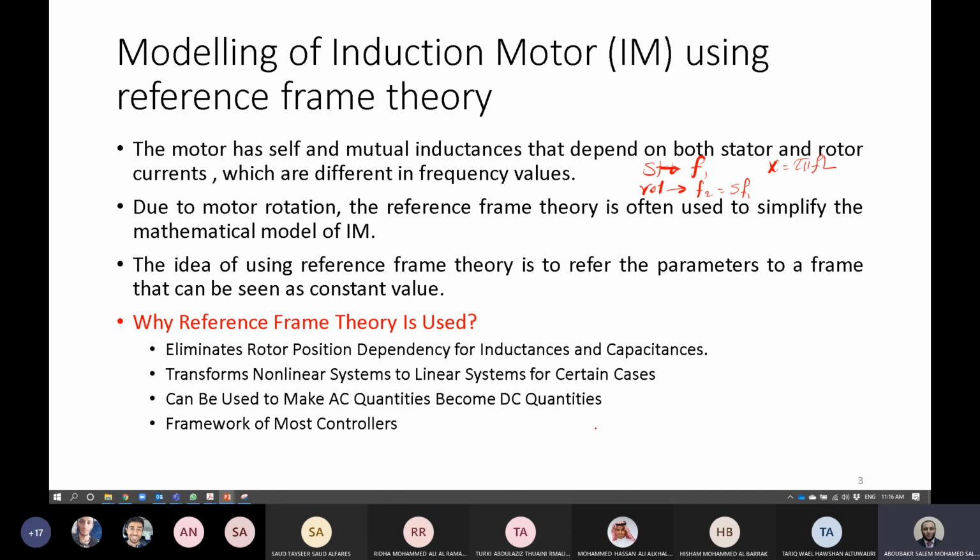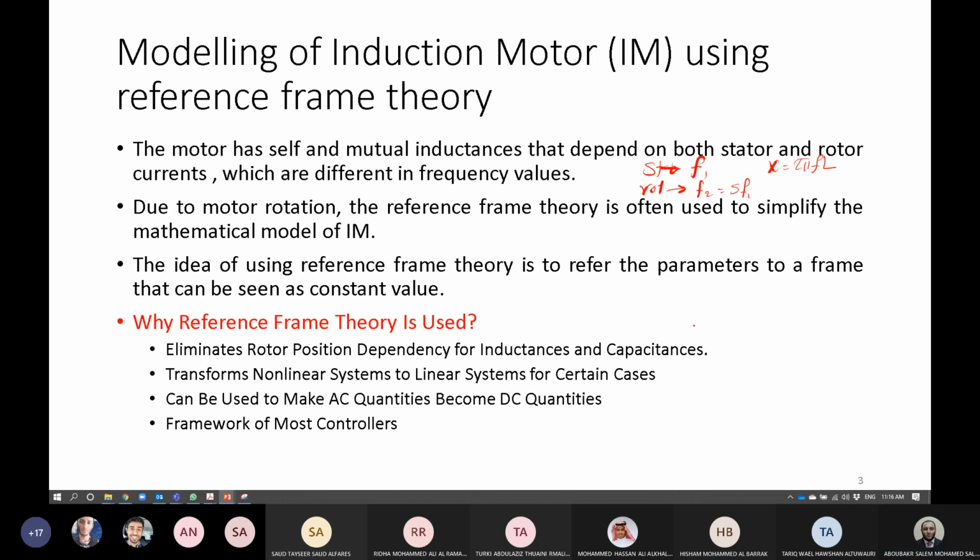So instead of AC components and complex number calculations, we will have only DC quantities or constant values, which can easily be computed with a very small computation burden and don't need any complex digital controller. So it will help a lot in simplifying mathematical coding and the use of digital controllers.